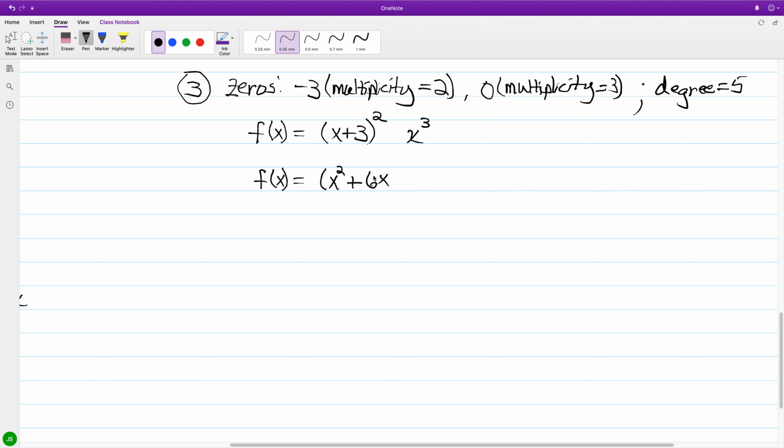So the square of x plus 3 is x squared plus 6x plus 9, multiplied by x to the 3rd. For this end result, we come out to x to the 5th plus 6x to the 4th plus 9x cubed.